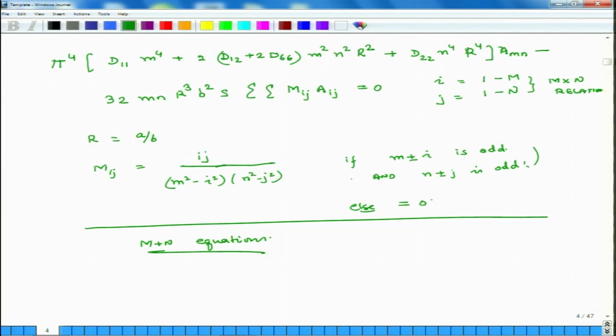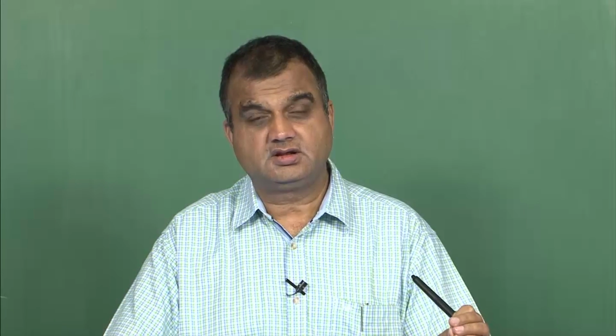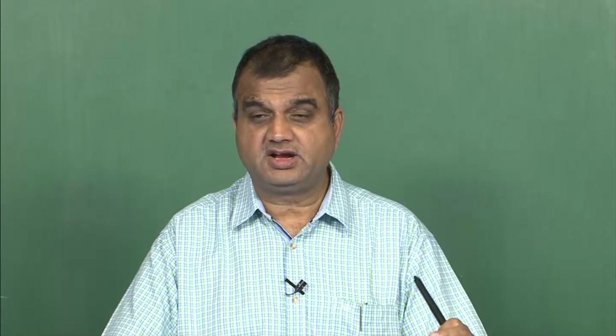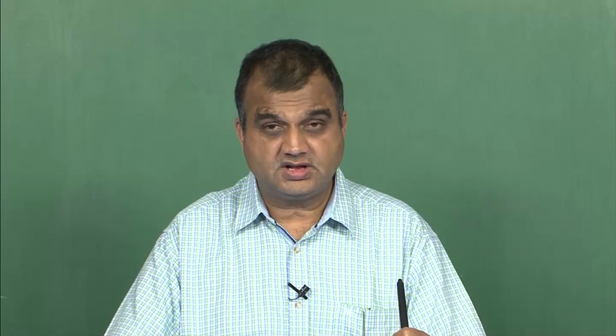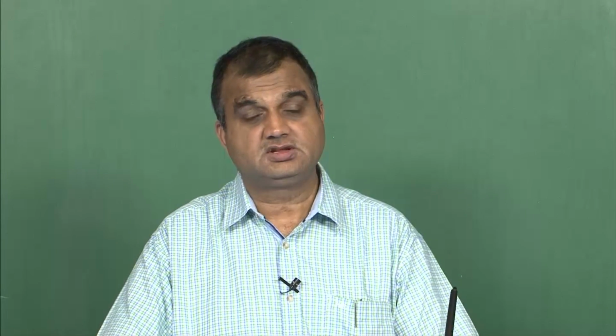What we have done so far is, using the equilibrium equation for the third direction, we have developed this longish expression, and this one single expression represents M times N equations. Using these M times N equations we can calculate the critical value of S at which the plate will start to buckle. How we are going to calculate that is something we will see in tomorrow's lecture. Thank you, and I look forward to seeing you tomorrow.